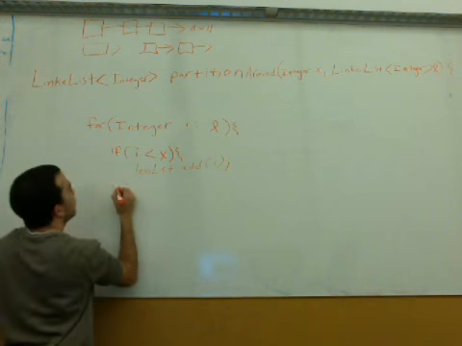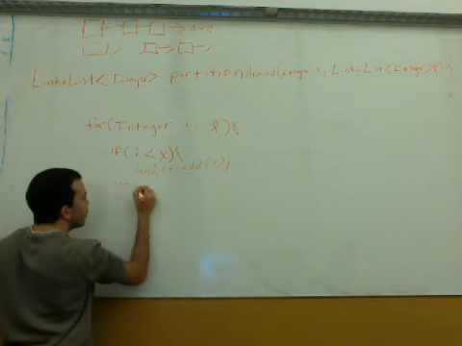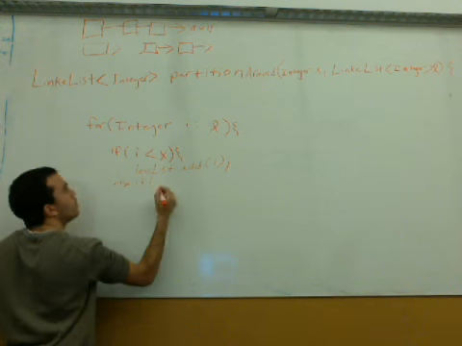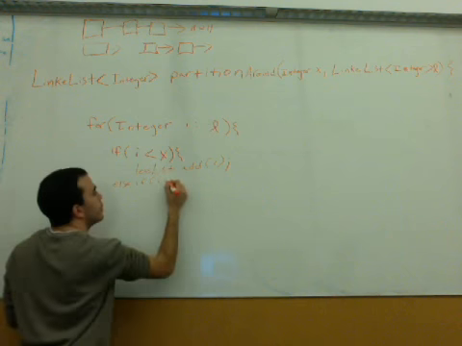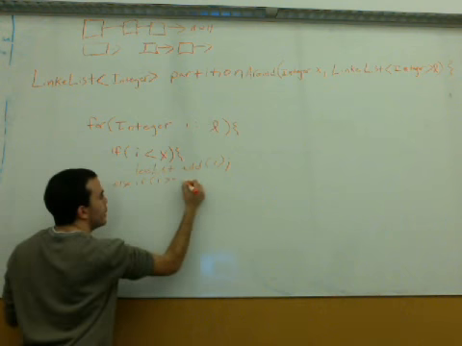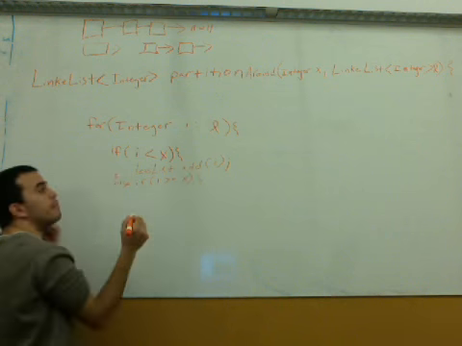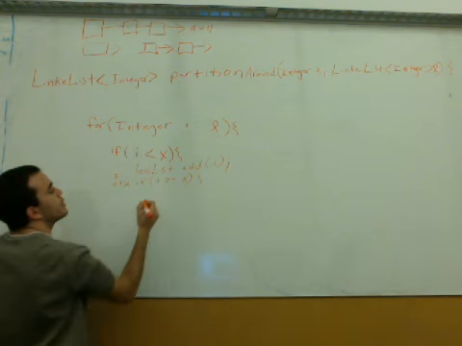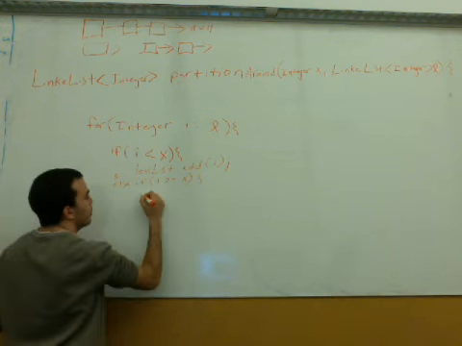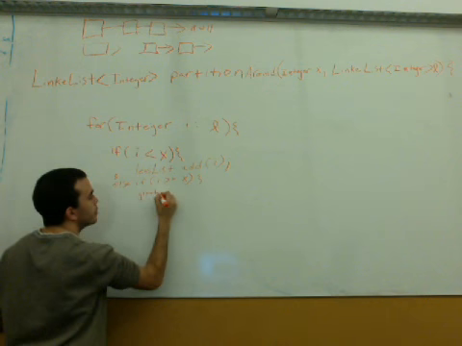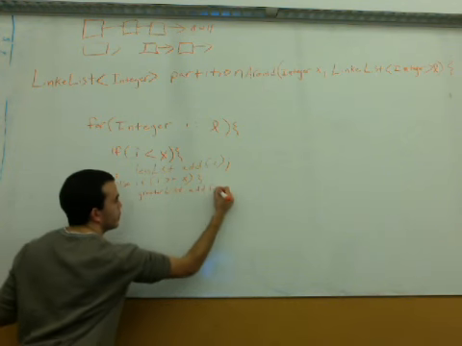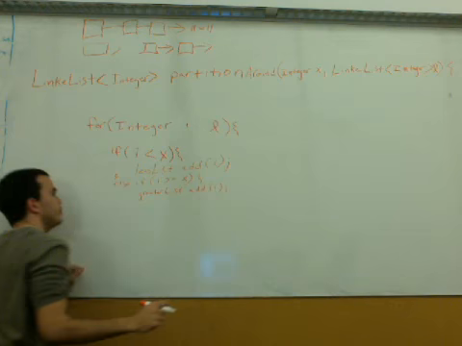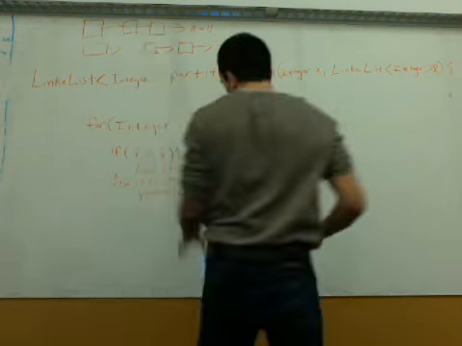Else, if I is greater than or equal to X, and here's our other squiggly. If I is greater than or equal to X, then our greater list gets the value I. Add it to it instead.